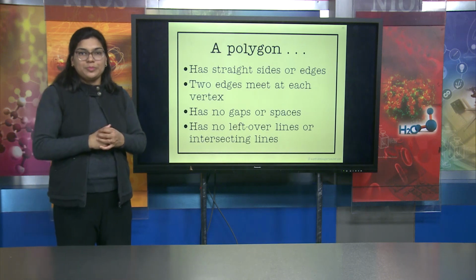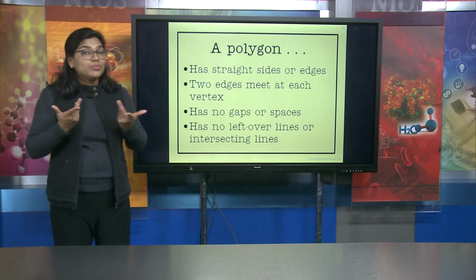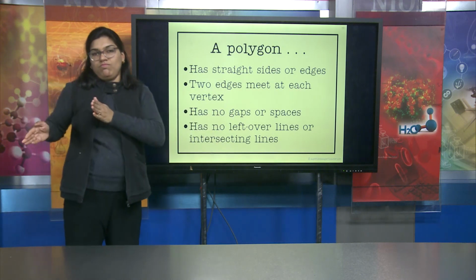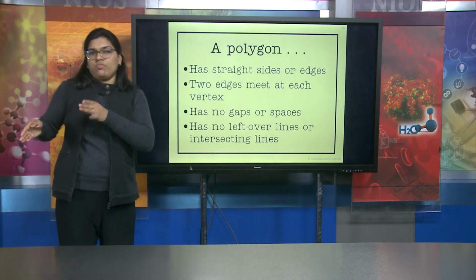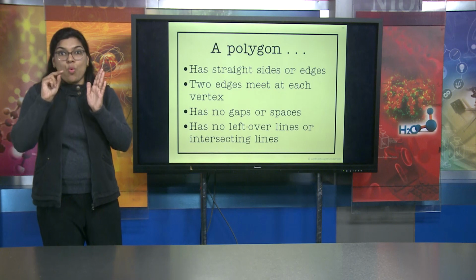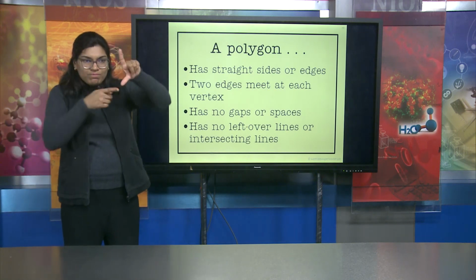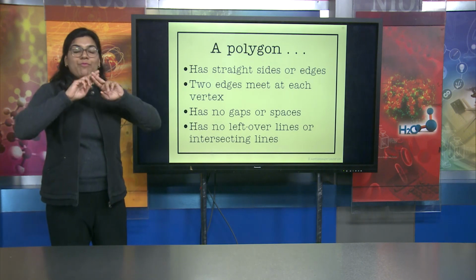The next line explains that it has no gaps or space. Gap and space is similar, but in polygon there should be no gap and no space. See, the line should be properly connected. There should not be any gap.